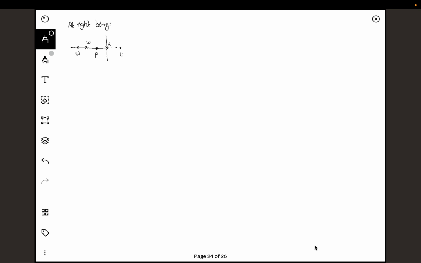So this is the cell that we are considering, with the west face, the east face, on the right boundary. So the discretized equation will remain the same.